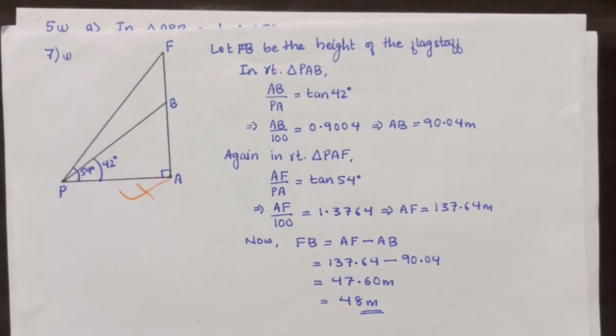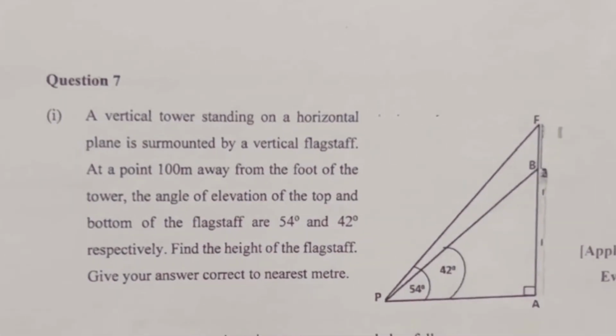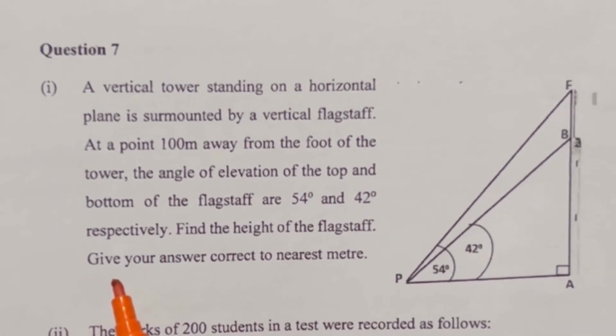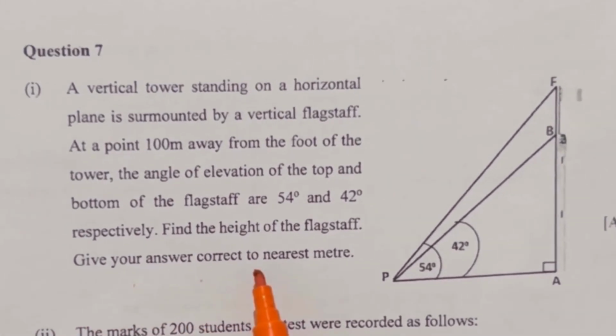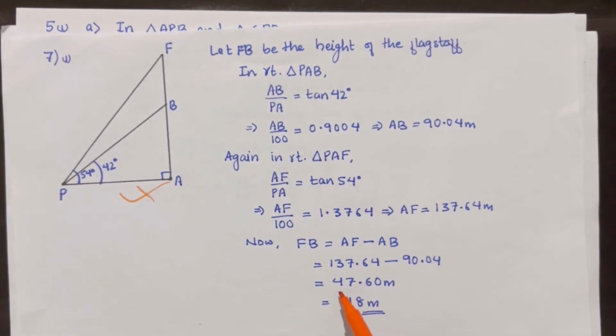Another point to remember is that it is given here, give your answer correct to the nearest meter. That means you will get your answer like this, 47.60, but according to the question it should be in the nearest meter. So you have to eliminate the decimal part and write the answer like this.